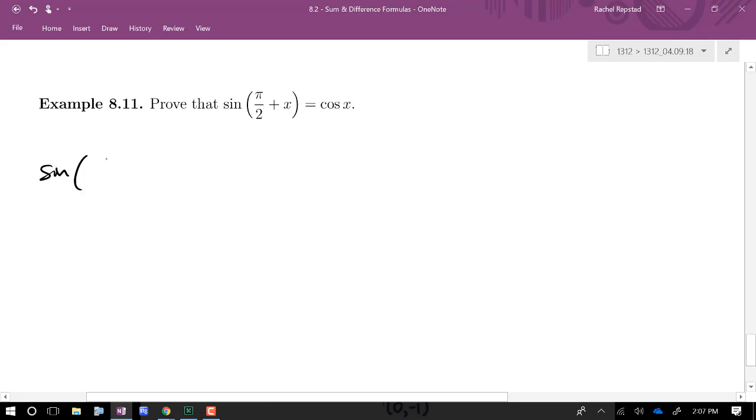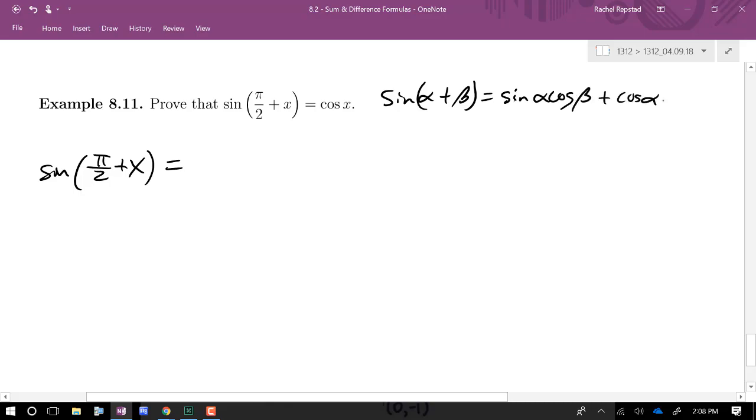So sine of pi over 2 plus x. What does the sum formula for sine say? How would we write this out, right? So it looks something like this: sine of alpha plus beta is sine alpha cosine beta plus cosine alpha sine beta. What goes on the other side?